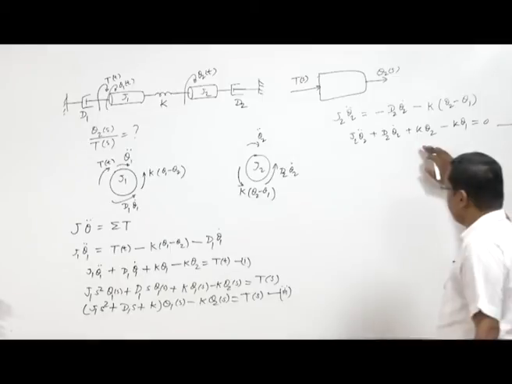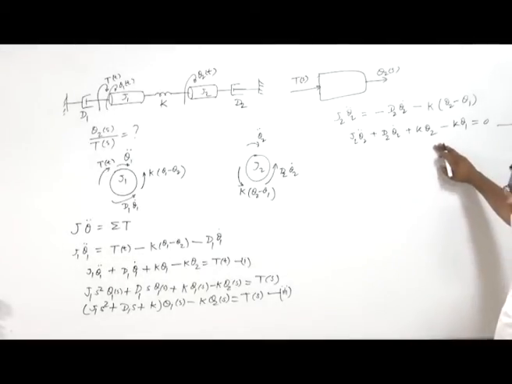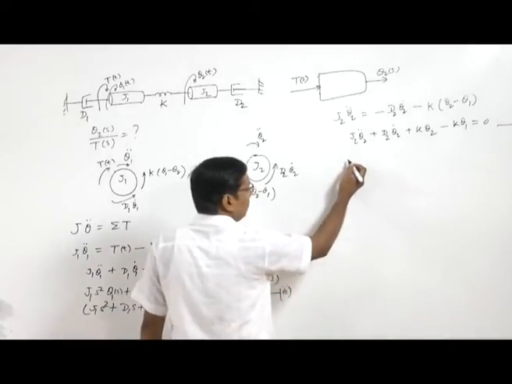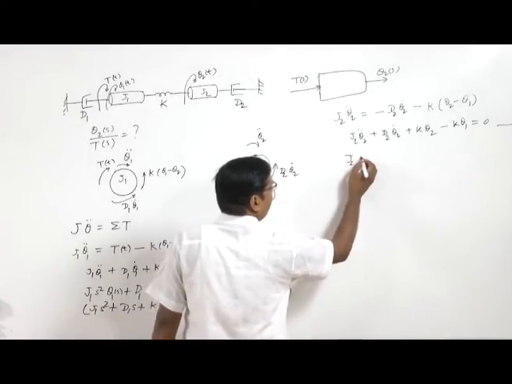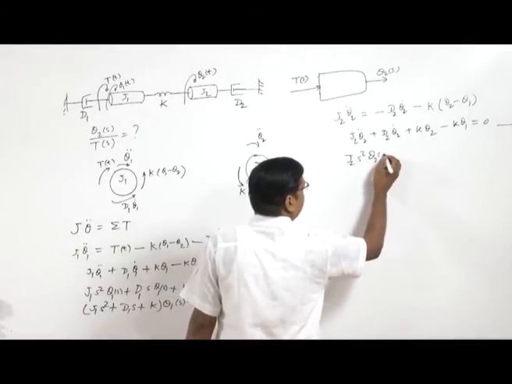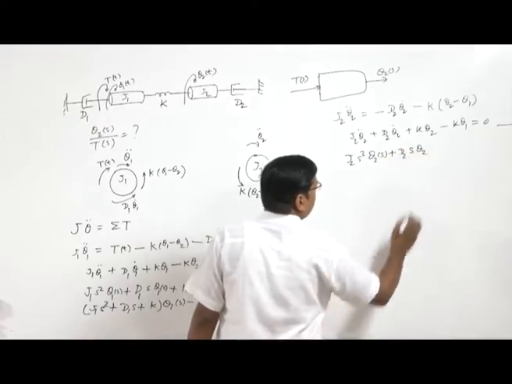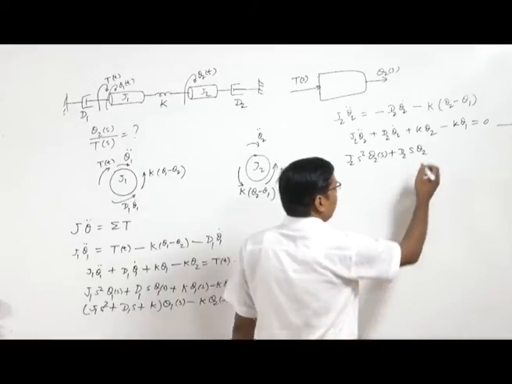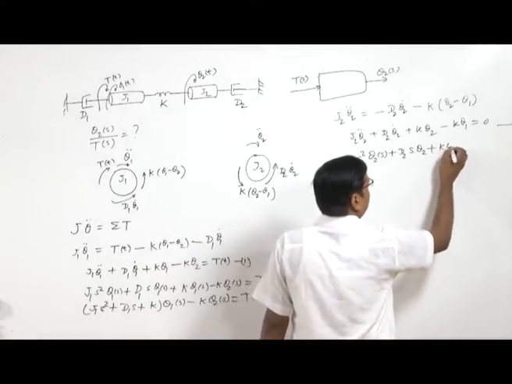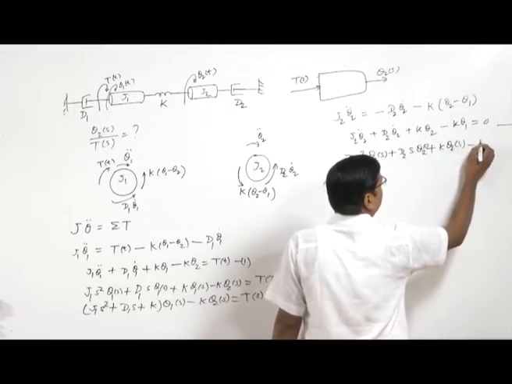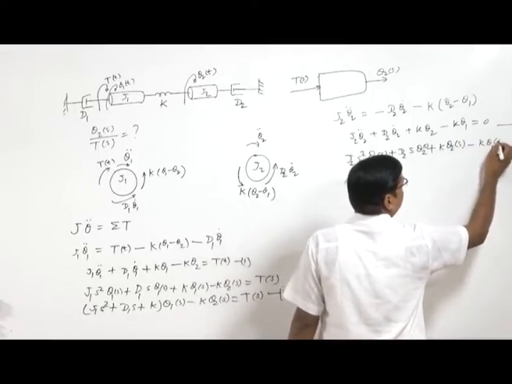Now we take the Laplace transform of this part. So this is J2 s square theta 2 s plus D2 s theta 2 s plus K theta 2 s minus K theta 1 s equal to 0.